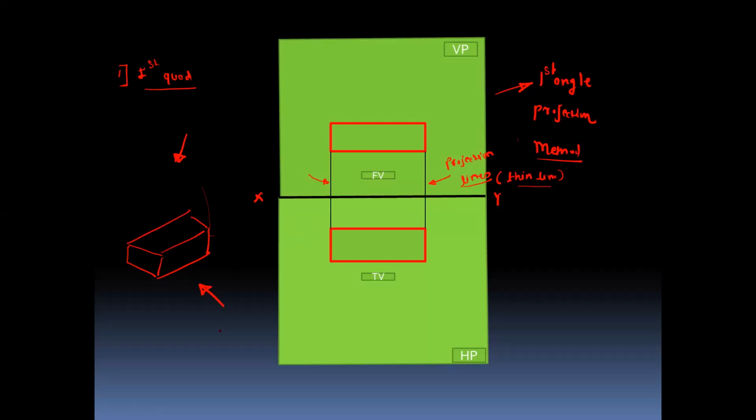If you observe this from the front direction, you will observe only this rectangle. It will have some dimension. Suppose this is 10 and this is 40. If you observe from the top direction, suppose this is 30, then you will observe 30 by 40. These are called views. This is the top view and this is the front view. I have used short forms here: FV means front view and TV means top view.